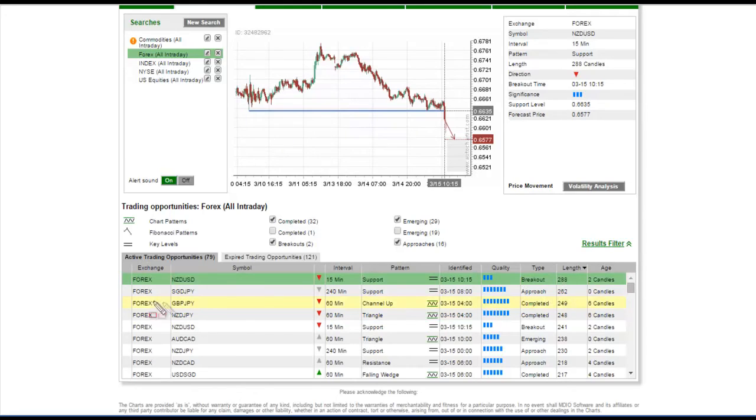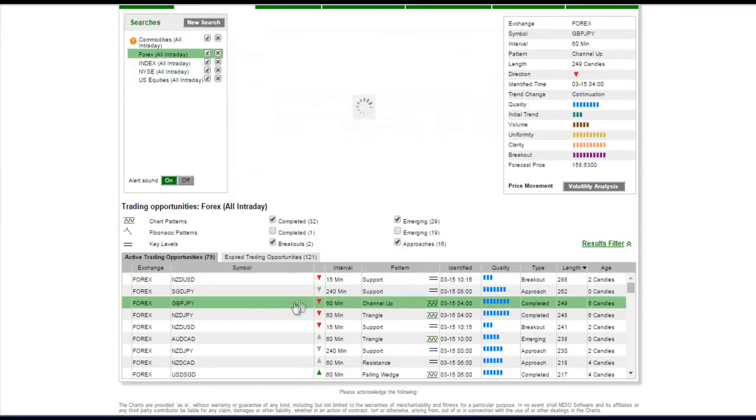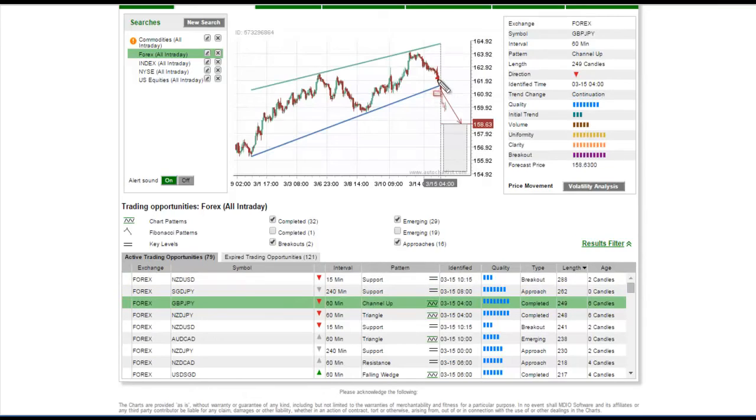Now, if you mix some of these longer patterns, for example here's the pound yen again, with the quality rating from Autochartist too, you can get confluence going into that pattern. Not only has this been forming for a while, so as Mike was saying, these can be higher quality breakouts with proper price action, but Autochartist is confirming that this is a high quality one to get us to our targets.